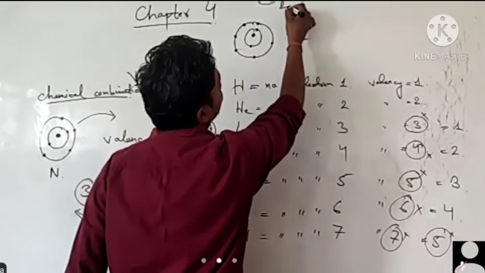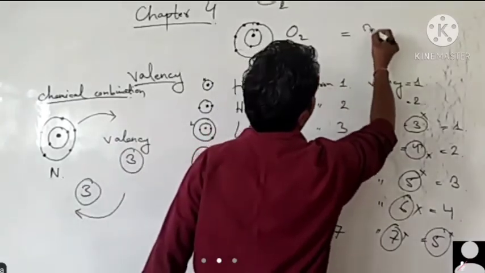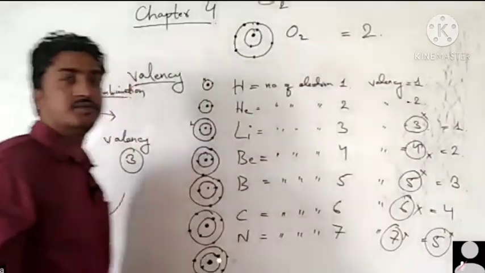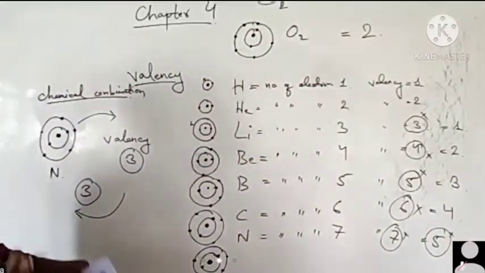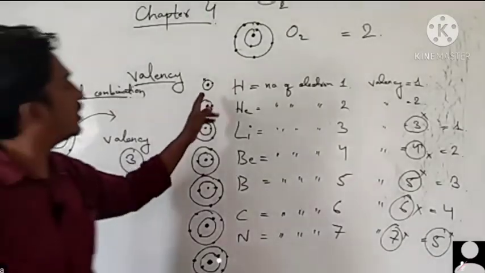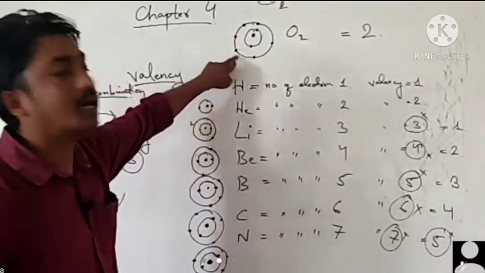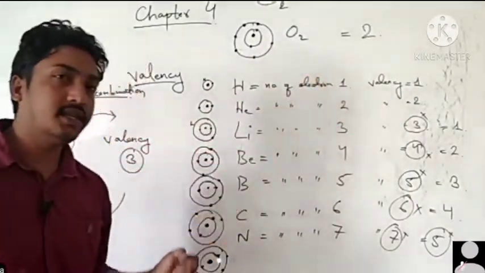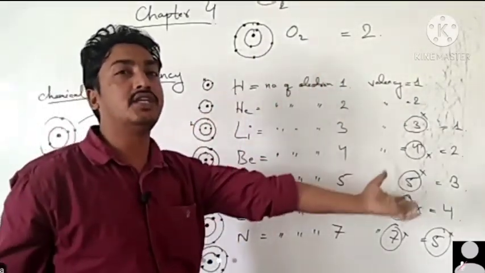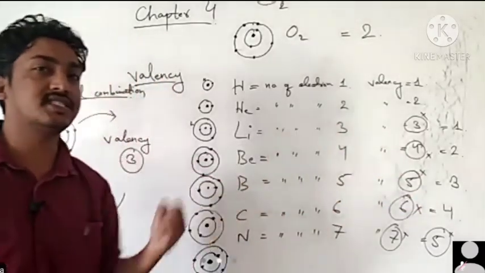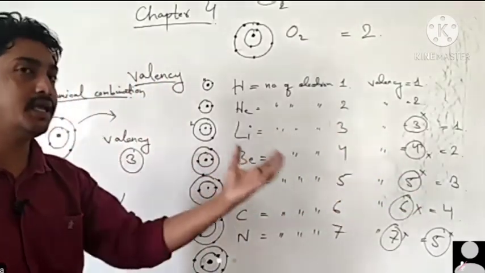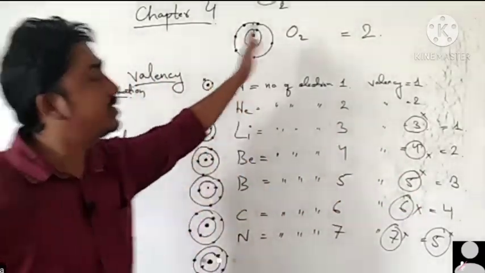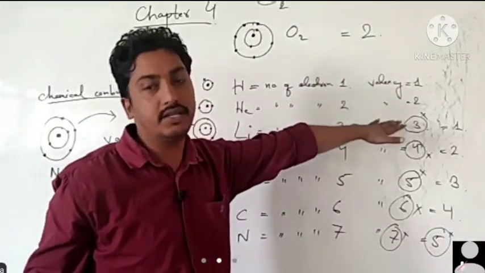So the valency will be 2. That means we have to see not only the outermost cell electrons but its combining capacity. That means does it require or does it have to give? If it requires less, the combining capacity is less, so we have to write the lesser valency.